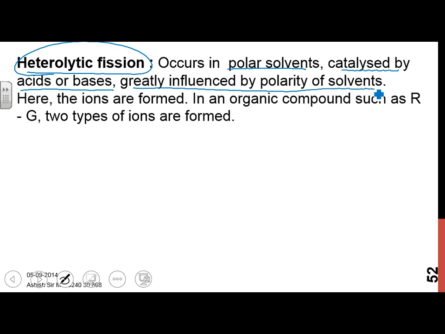Normally, polarity has a great influence on this type of breaking. Let me explain with one example. Suppose I have a compound where between these two elements there is a large electronegativity difference. That's why this bond is a polar bond. This is partially negative and this is partially positive. Correct?